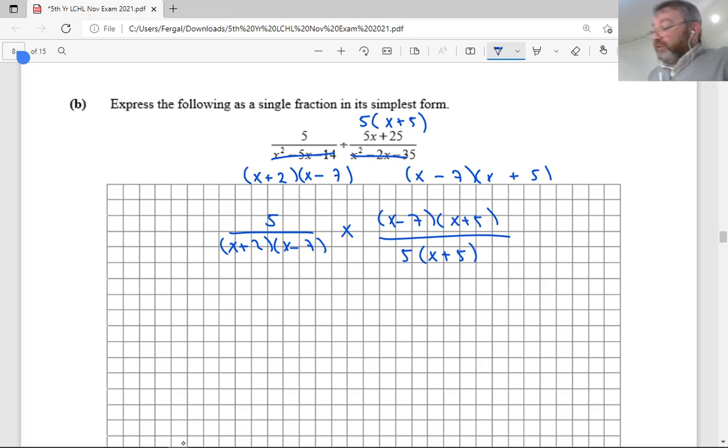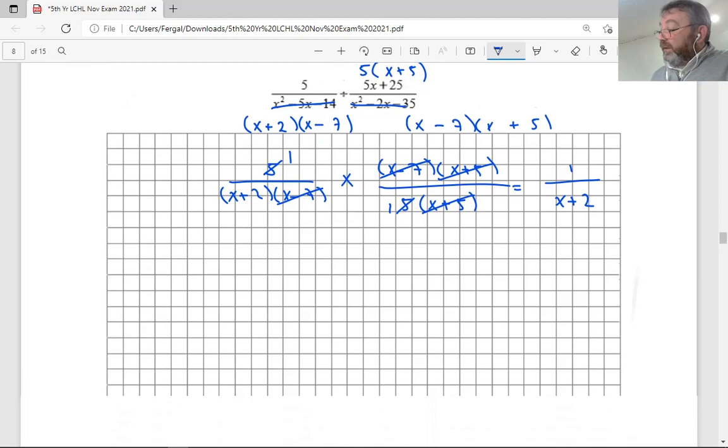Now do your cancellations. So let's try for a vertical here, nothing. Anything vertically here, yes, x plus 5, x plus 5. Now do the horizontals. 5 into 5 goes once, 5 into 5 goes once, x minus 7 cancels with x minus 7. And what am I left with on the top? 1, and on the bottom, x plus 2. And that is the answer to that division in its simplest form.